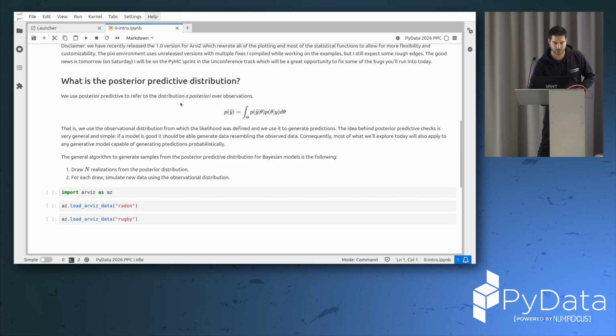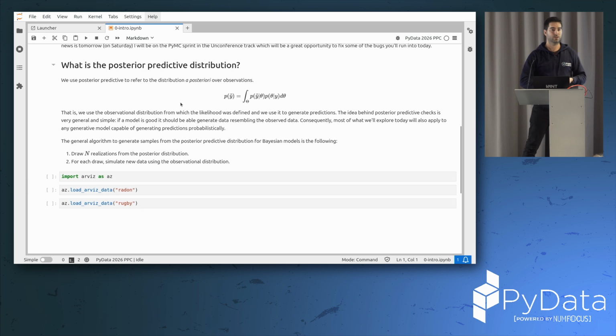And so we start with the posterior predictive distribution. In Bayesian models, when we fit our model, what we are actually trying to find is what we call the posterior distribution.